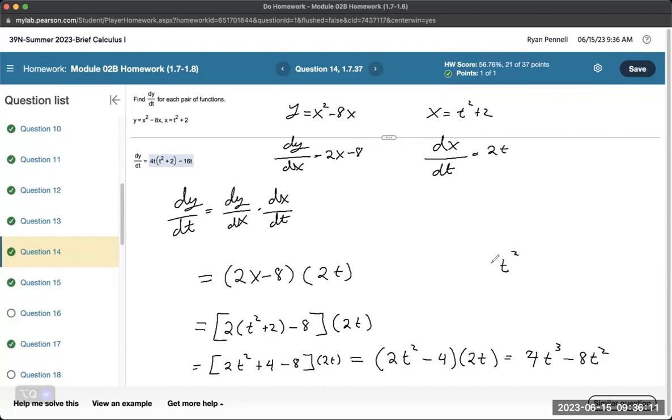If you want, you can break that up, so you have 4t times t minus 2. And then you can also write that as the same thing. Not too bad, but kind of confusing.